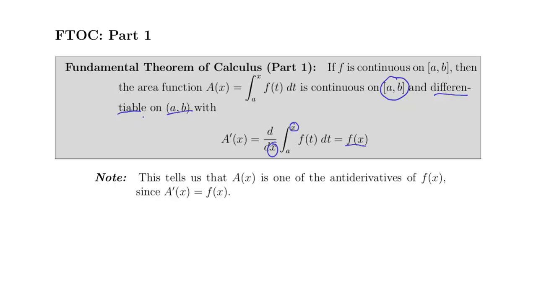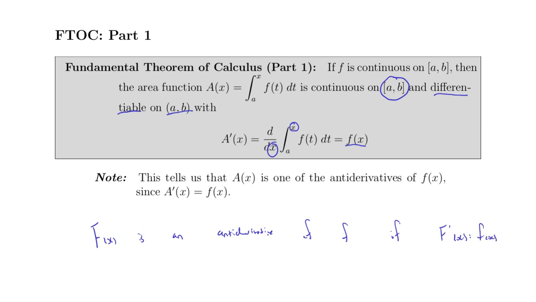The big note that we're going to make is that if the derivative of A is equal to f of x, that literally is the definition of what an antiderivative is. So this tells us that our area function is an antiderivative of f. We used to say that capital F of x is an antiderivative of f if capital F prime is equal to little f.